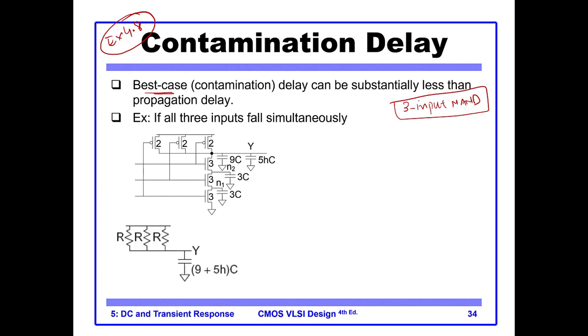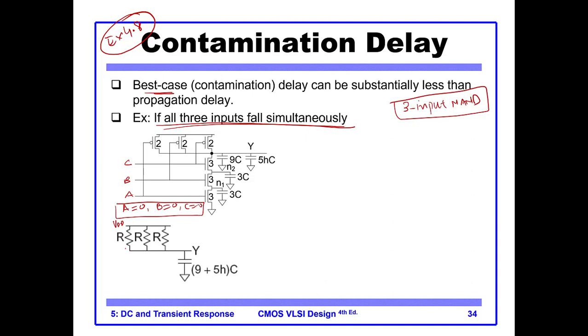So what we can do, if all the 3 inputs fall together, what will happen? If all the 3 inputs fall together means that we have A equal to 0, B equal to 0, and C equal to 0. This was our A, this was our B, this was our C. This is the best case. In the best case, what happens is that VDD is connected.